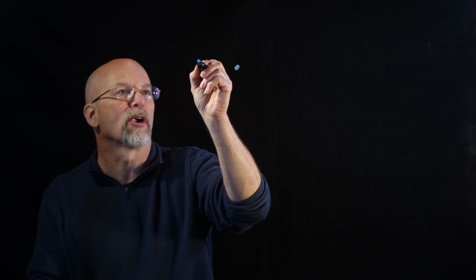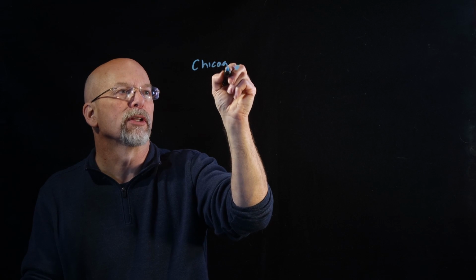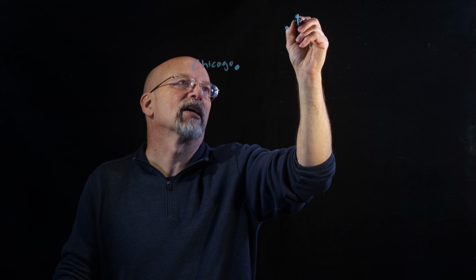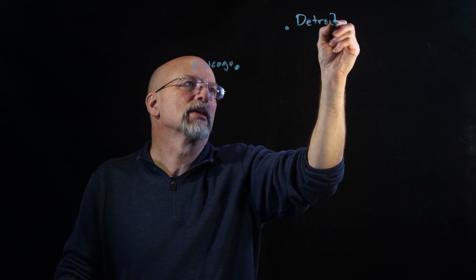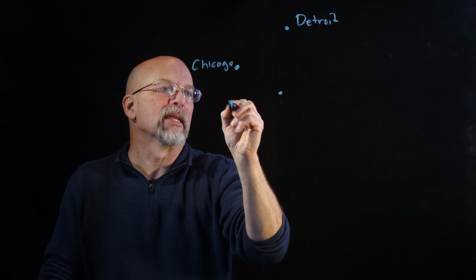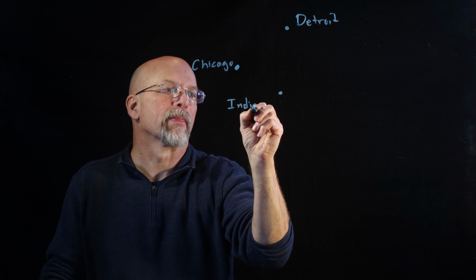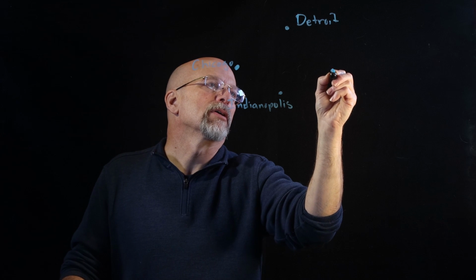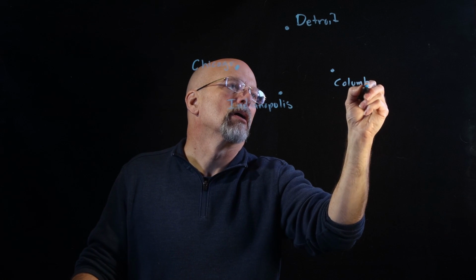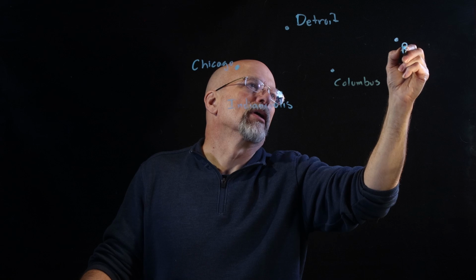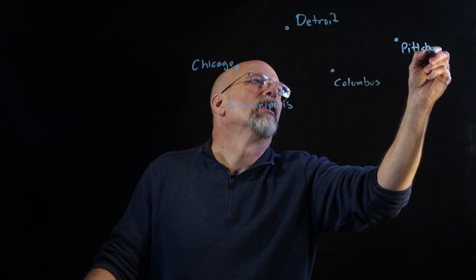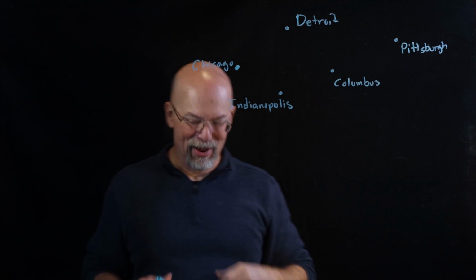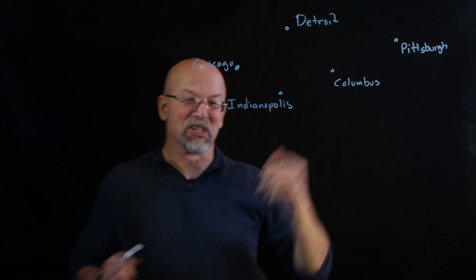So let's go back to our example of our little airline that wants to connect Chicago, Detroit, let's say, how about Indianapolis, Columbus, and maybe Pittsburgh. Okay, so maybe Pittsburgh is not a Midwestern town, but let's just include it.